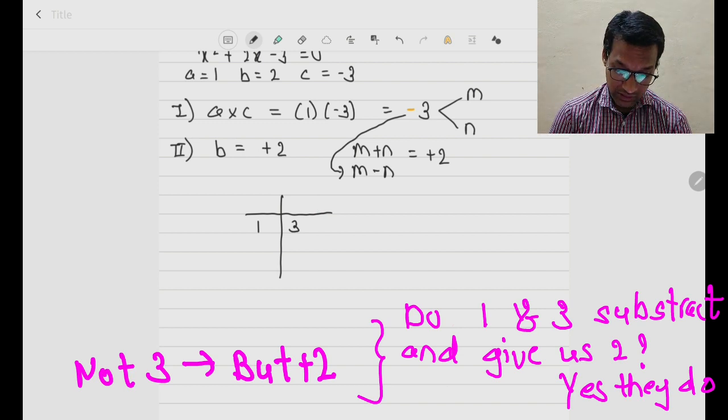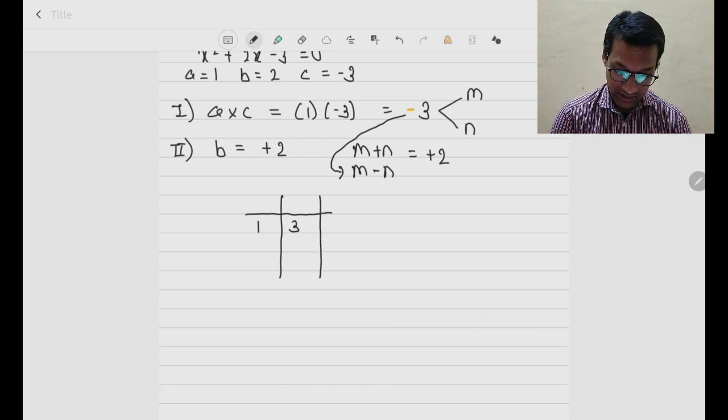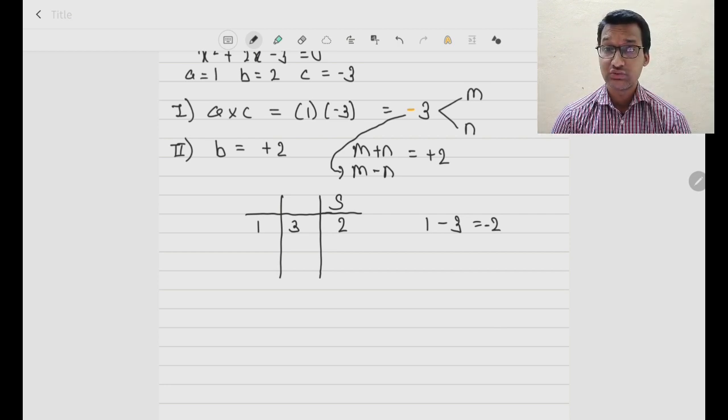So another column I will add, and I will write that as subtraction, S. If I subtract them, what do they give me? 1 minus 3 will give me minus 2. Do we want minus 2? No, we want plus 2.